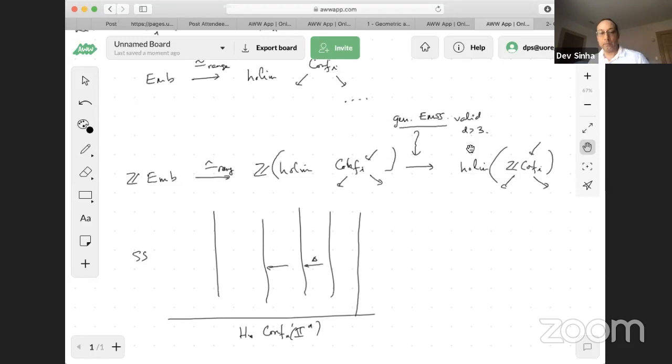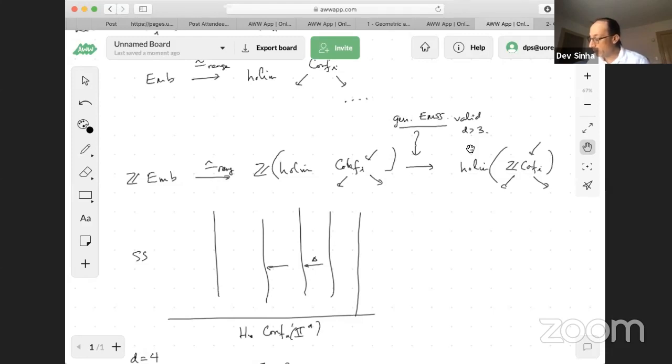And let me just tell you a little bit about how that looks geometrically. Well, so let D equal 4. And let me tell you about what is on the E2 term. So let D equal 4. And then let me just say what survives to E2, or at least some of what survives.